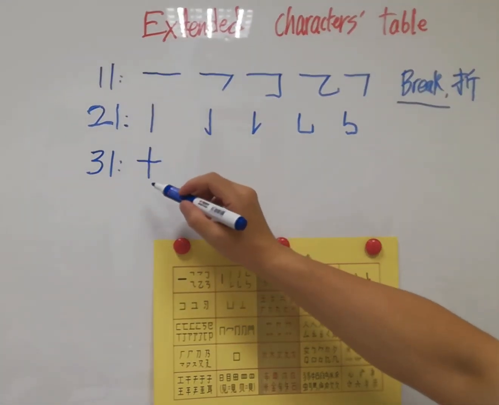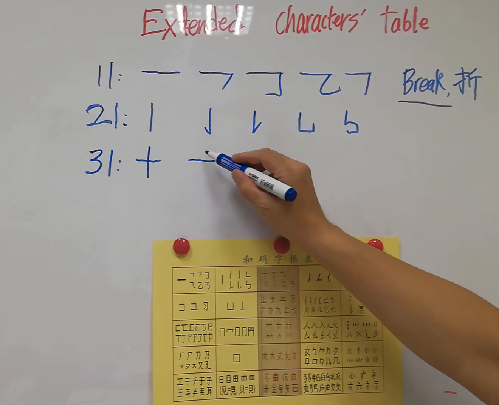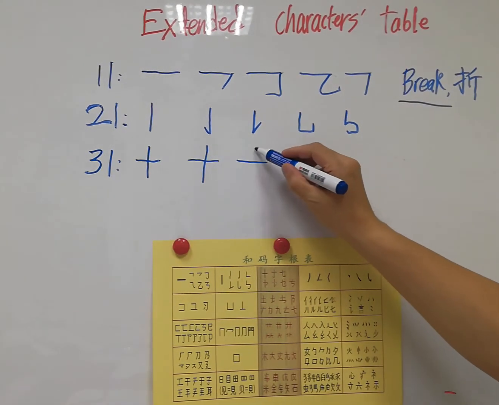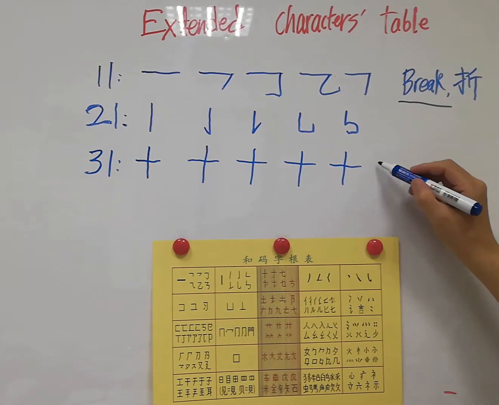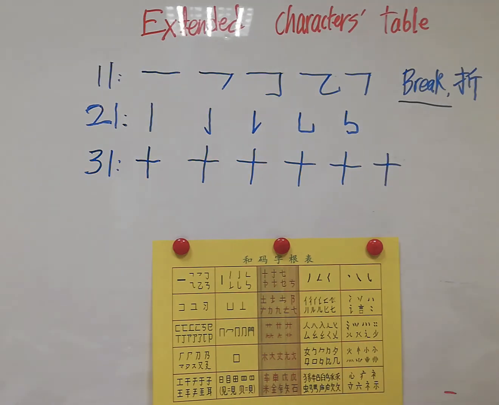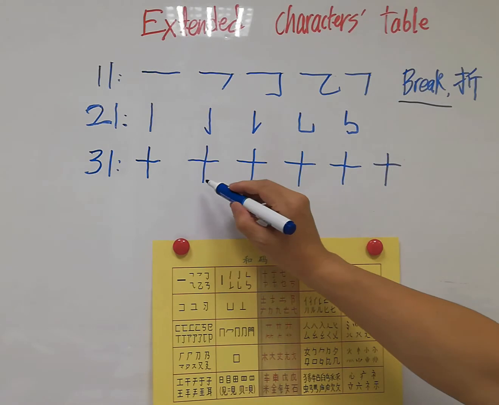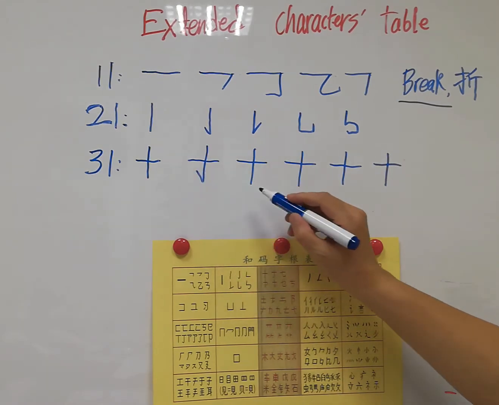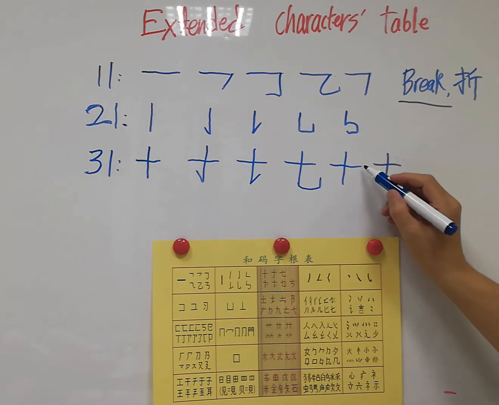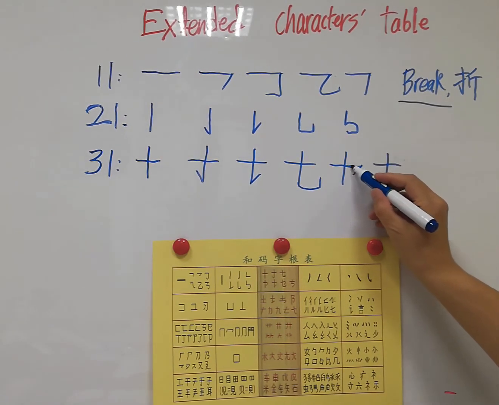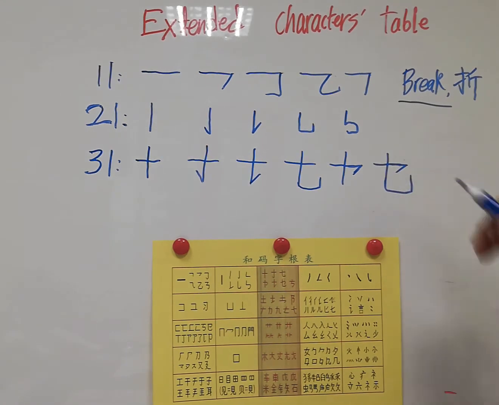Cross has a code of 3-1. Now we add a modification to these characters. Like this, like this, like this, and break, and also is another break.